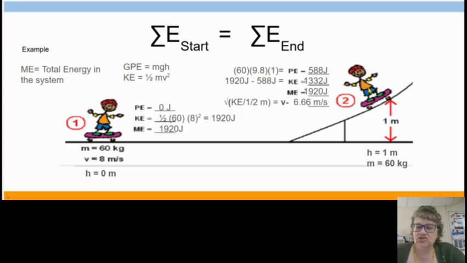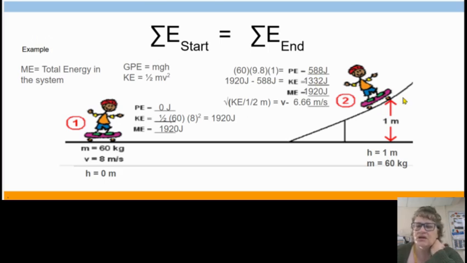In the second picture, you'll notice we have the same kid, still 60 kilograms. The height has changed. They're now 1 meter above the ground, but that's all they give us. So can we calculate the potential energy? Gravitational potential energy is mass times gravity times height, so 60 times 9.8 times 1 gives me 588.